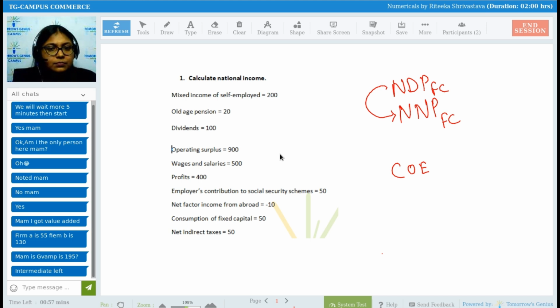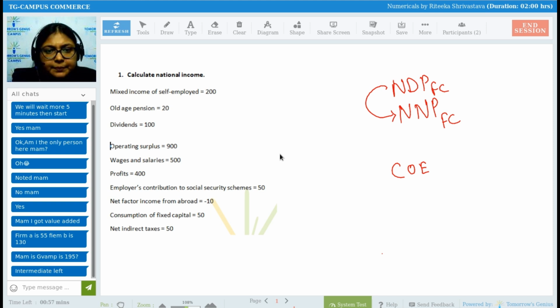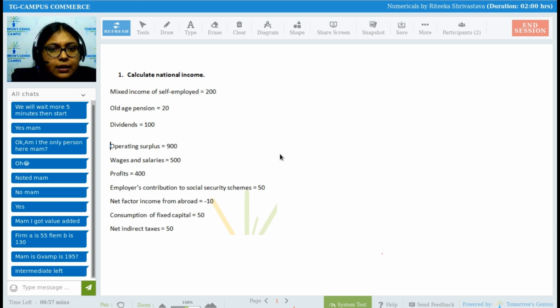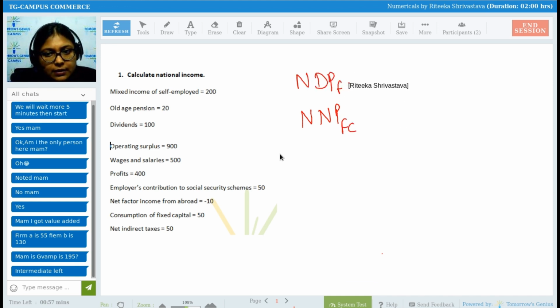What's the answer? Not getting it. Yes, ma'am. So first of all, in NNP, you have to find out NNP at FC. And NDP at FC is the first aggregate which you have to find out by using the formula COE plus profit plus rent plus interest plus royalty plus mixed income.